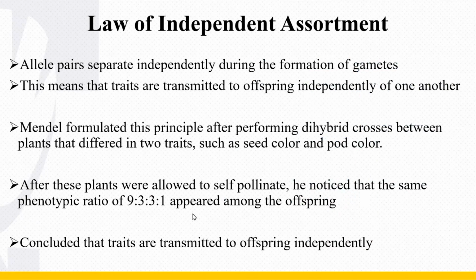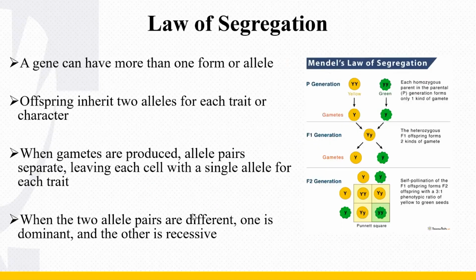Next, we have this law of independent assortment. And so this means that, moving into a dihybrid cross, each one of those traits is independent of one another. Remember that each of these gametes acts independently, and so we can get multiple combinations of that.